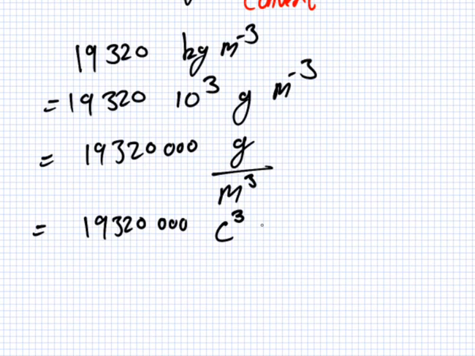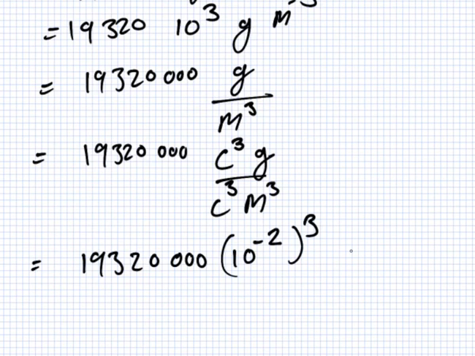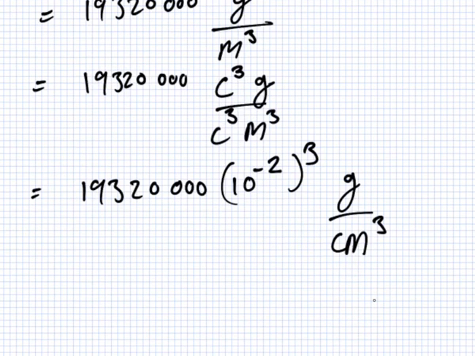So what I would like you to do as a small exercise is tell me what the density is in grams per centimeter cubed, because usually we might have a centimeter cubed of gold. In other words, I would like you to convert this number into grams per centimeter cubed.